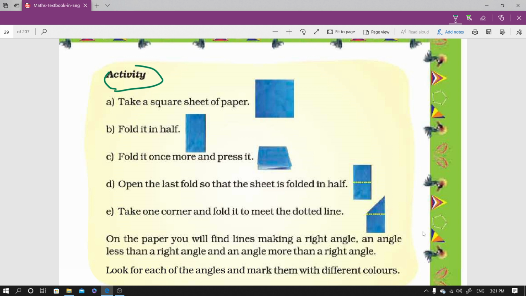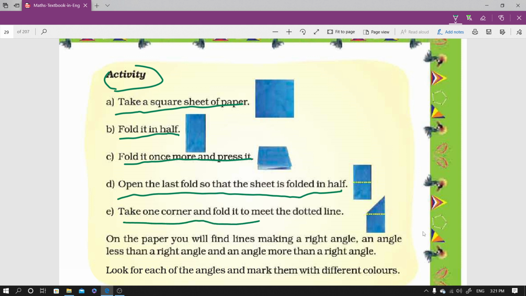Activity: take a square sheet of paper, fold it in half, fold it once more and press. Open the last fold. The sheet is folded in half. Take one corner, fold it to meet the dotted line.